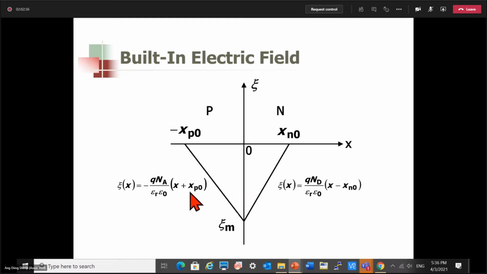So we still cannot calculate the value of the electric field across the space charge region, although we have the equation. The rest of the discussion will try to find XN naught and XP naught, and in doing so, we can fully solve the electrostatic problem for the PN junction.